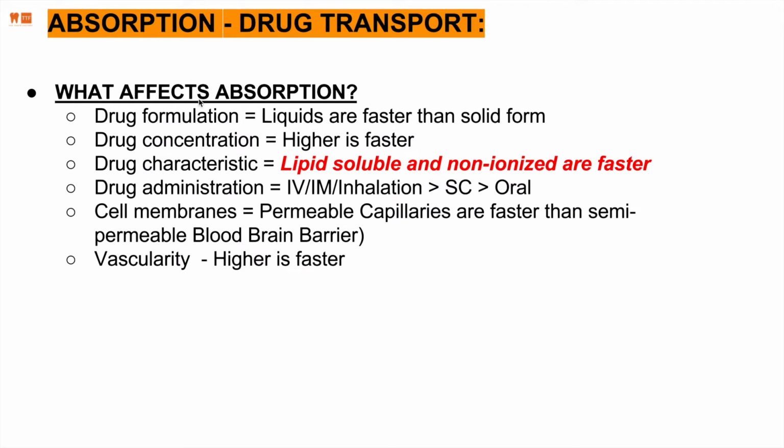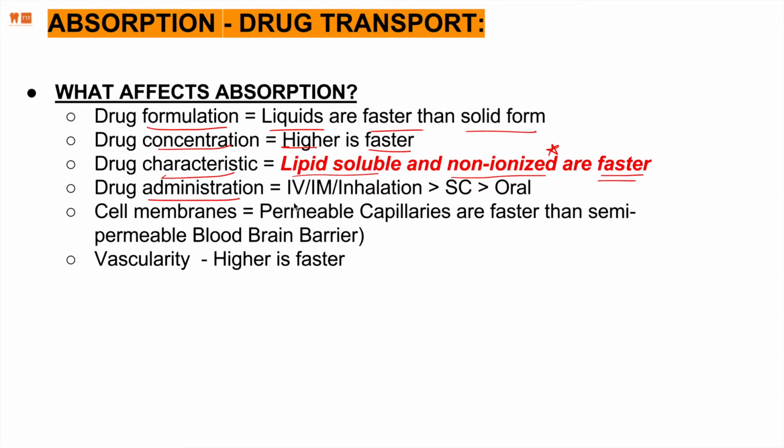Now, what types of factors can affect absorption? We got drug formulation. Liquids are faster than solid form for absorption. Drug concentration, of course, higher is faster. For characteristics, lipid-soluble drugs and non-ionized drugs are faster. Now we did talk a little bit about the lipid-soluble, but what is non-ionized and why is it faster? We'll talk about that in the future slides.